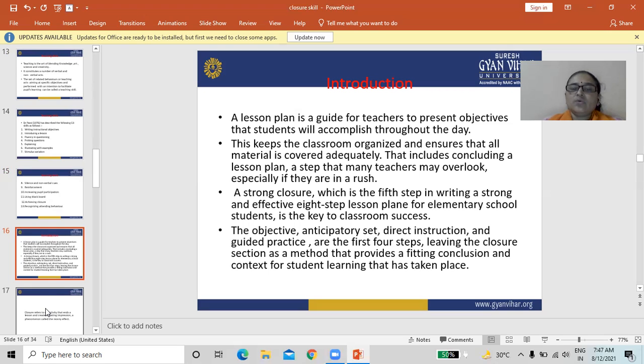A strong closer, which is the fifth step in writing a strong and effective 8-step lesson plan for elementary school students, is the key to classroom success.